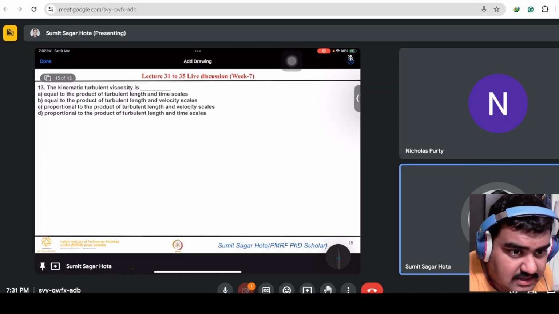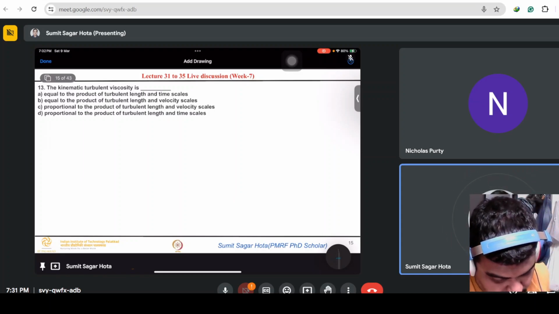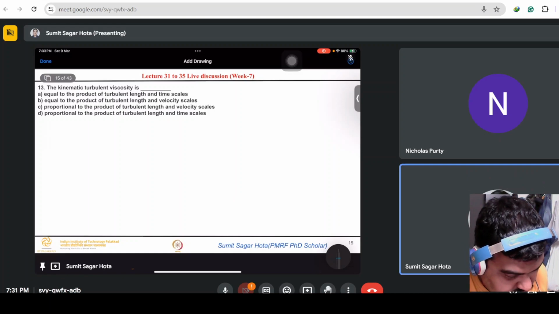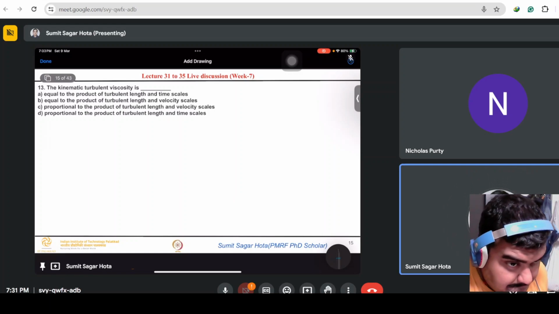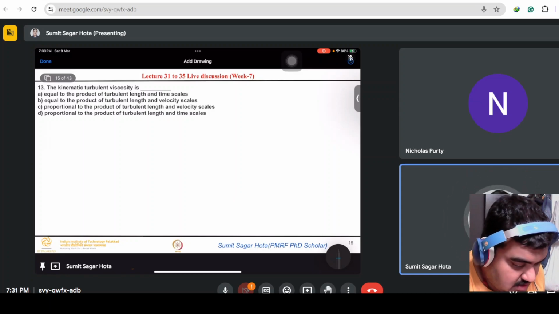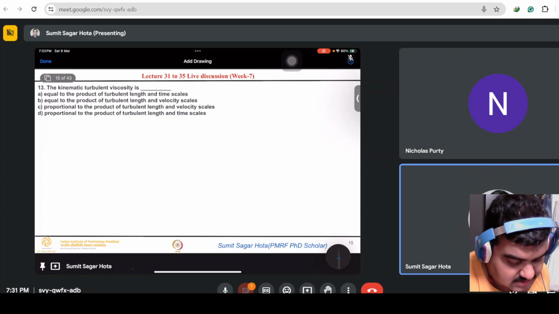The kinematic turbulent viscosity is what? It is the turbulent length scale and velocity scale.